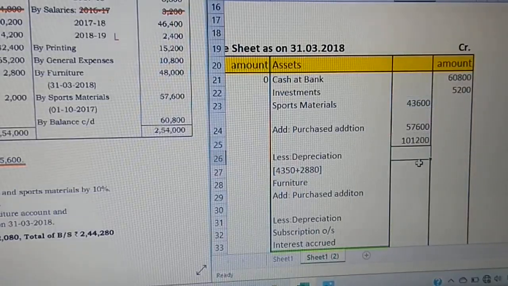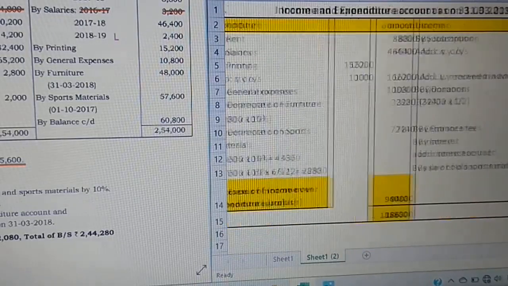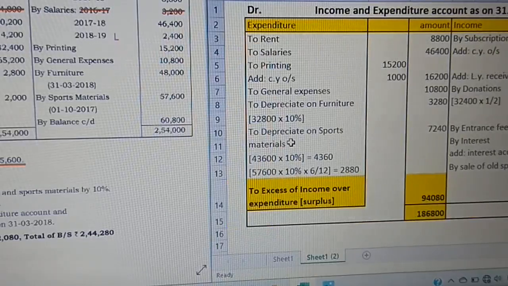So this total I get 1,01,200. For this we have a depreciation. Let us move on to the income side yesterday which we prepared. Could you all find some depreciation is given for sports material 7,240, which means 4,360 for opening balance as well as additional purchases 2,880.